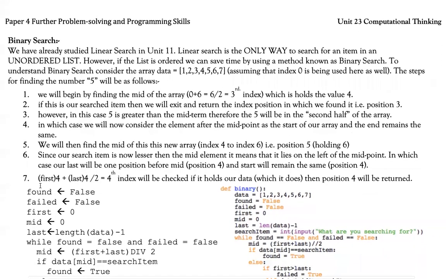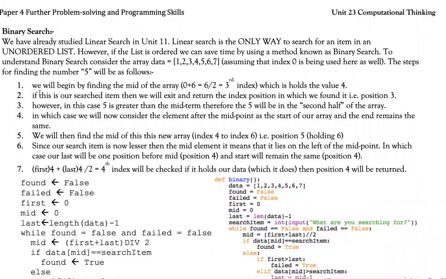So to find element number 5, these are the following steps that will take place. Step number 1: we will begin by finding the mid of the array, so index position 0 plus 6 divided by 2. By the way, this is div 2. As you remember, what div 2 does is return the whole number part.